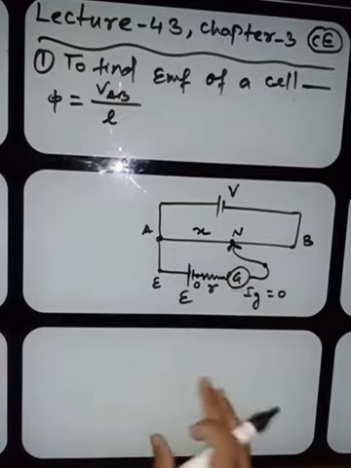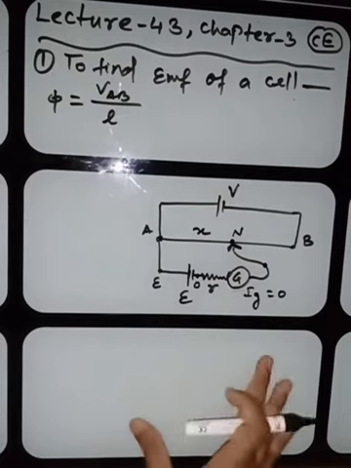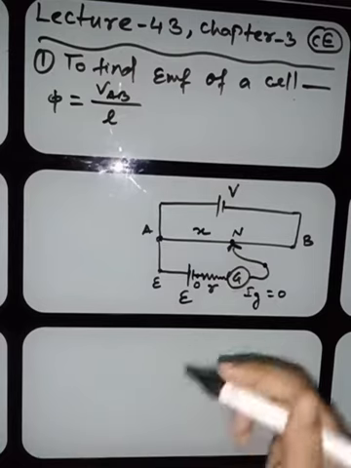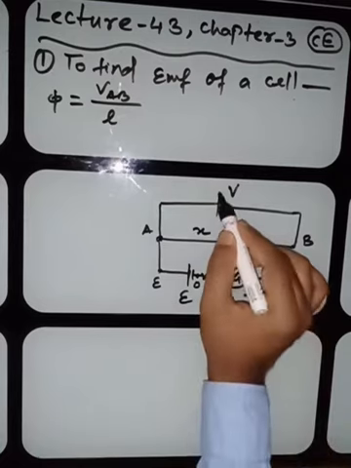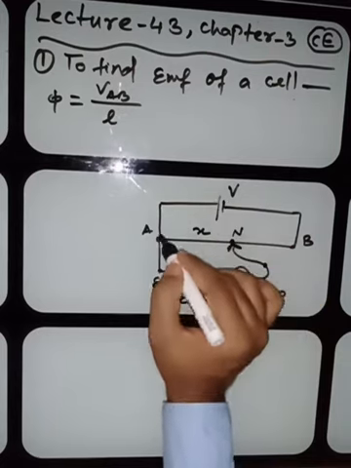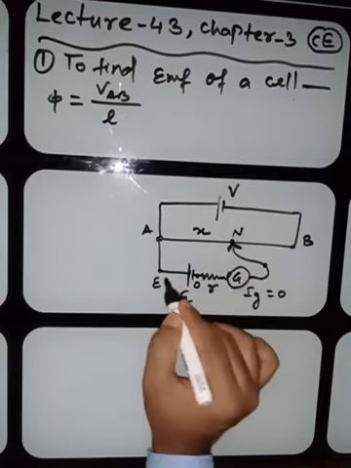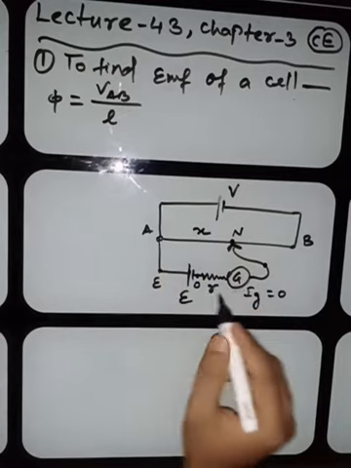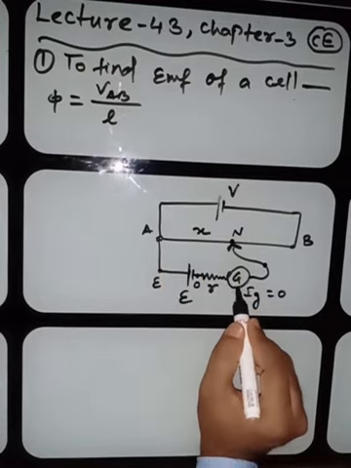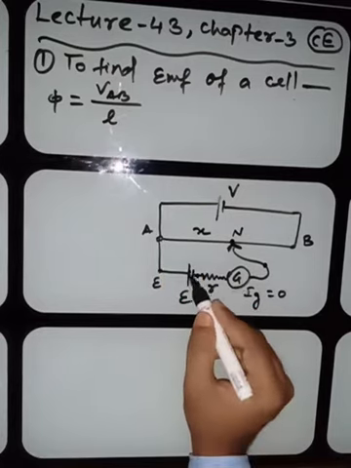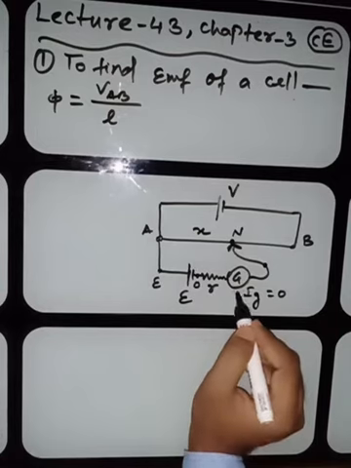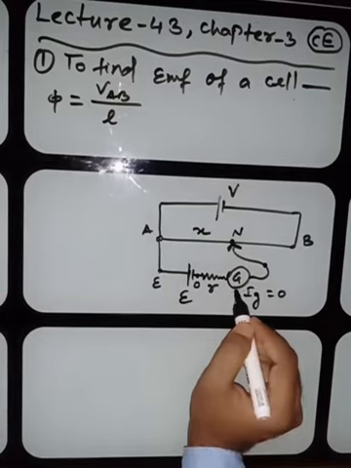Remember, my dear students, in the last class I gave you a few circuits. It was drawn here, in which we studied that if this is the positive terminal connecting at this point and this is also the positive terminal connecting at this point, then only can this current be 0. What will happen if you flip this battery? Will this give 0? The answer is no, it will not give 0.